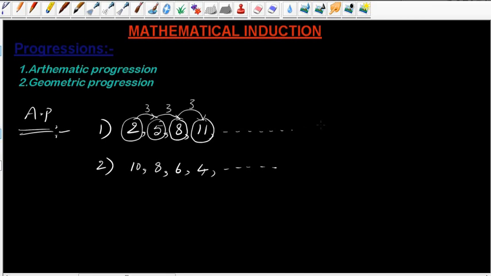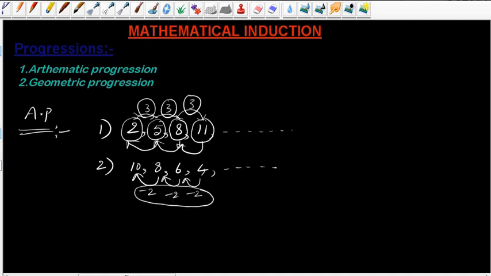So here 3 is called the common difference. How do you get this 3? 5 minus 2. Next 8 minus 5. Next 11 minus 8. In the same way, here observe 8 minus 10, that is minus 2. Here also 6 minus 8 is minus 2. Here 4 minus 6 is minus 2. So here the common difference is minus 2.